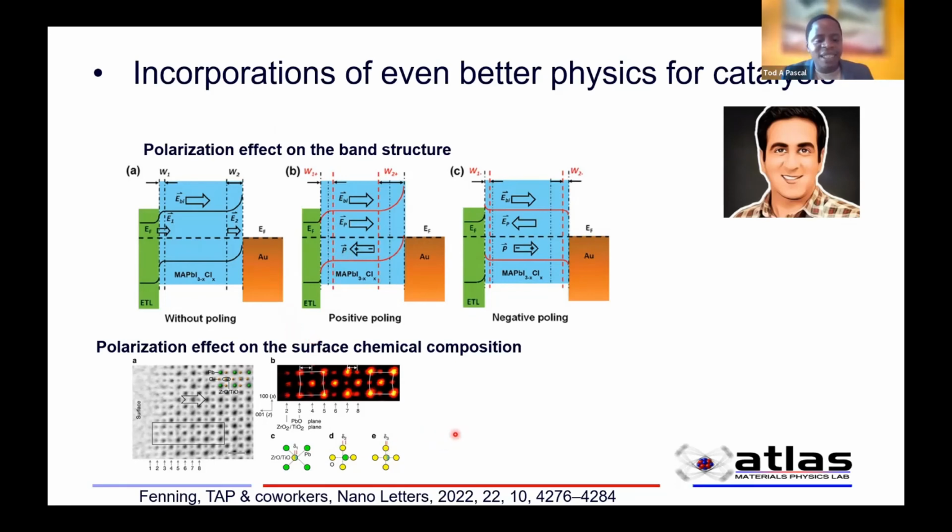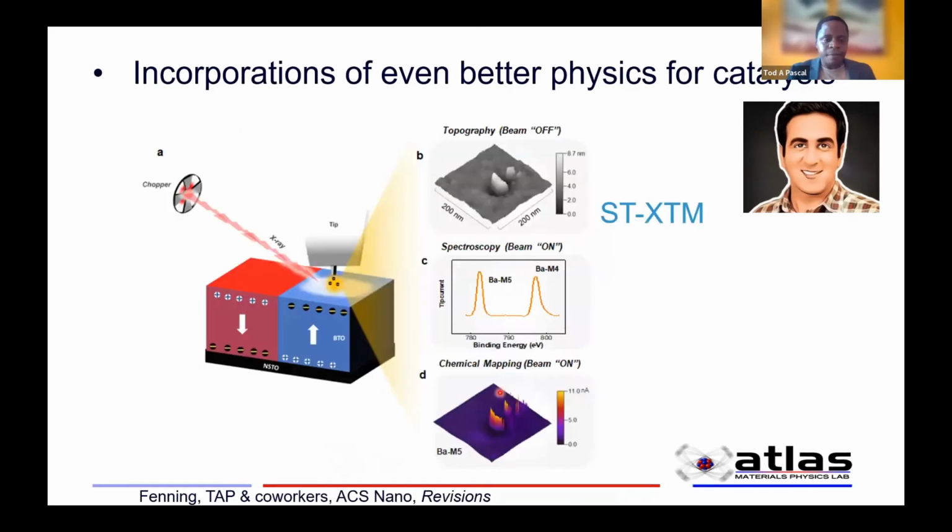But here we're showing that by selectively, at least resonantly, changing the surface, you can use other materials, in this case barium titanate, and get conversion reactions that are comparable and competitive with platinum. So that's the general idea.